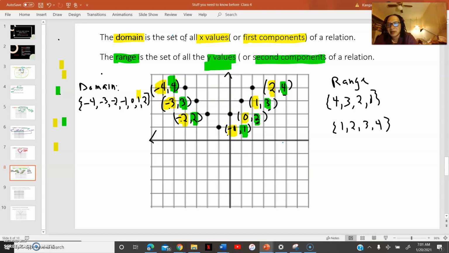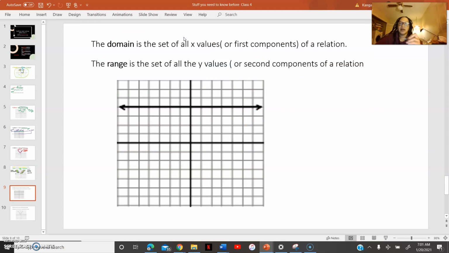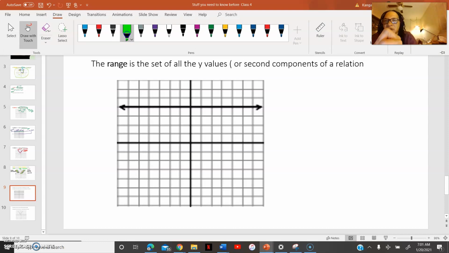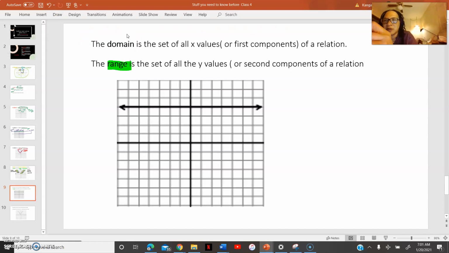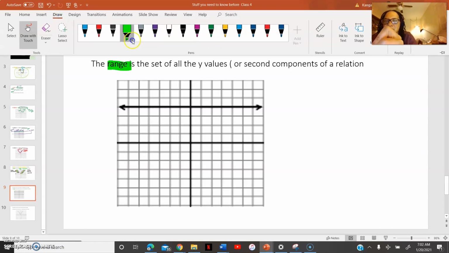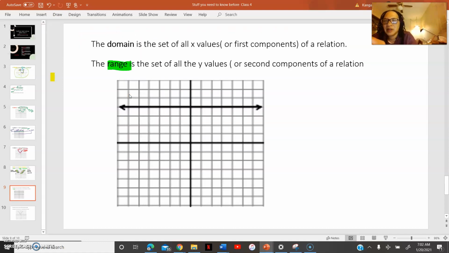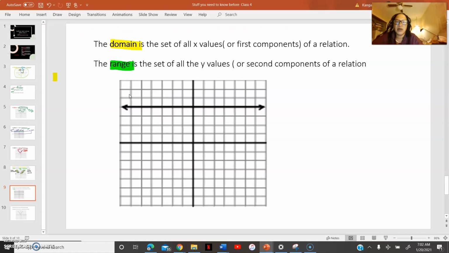Let's see if we could practice that with another example. So again, we're looking for domain, and we're looking for range. There's range. And here is domain. And we want to find the domain and the range for this relation.